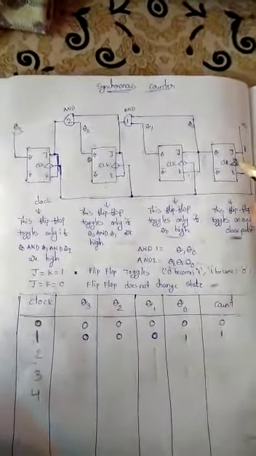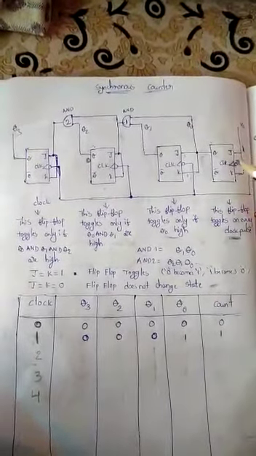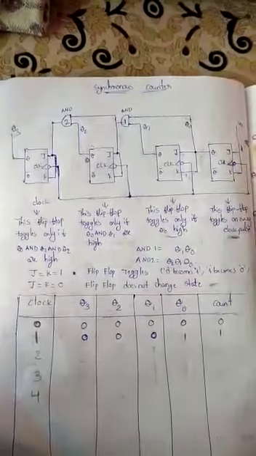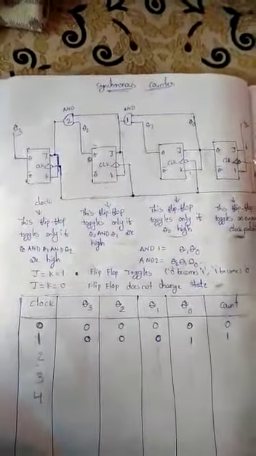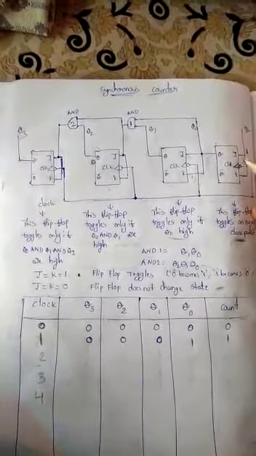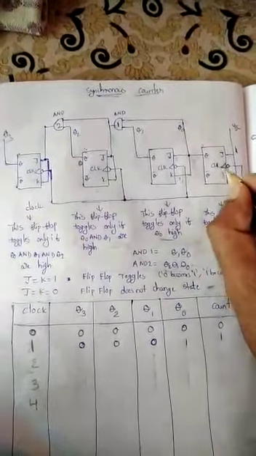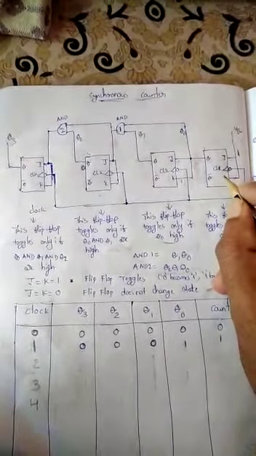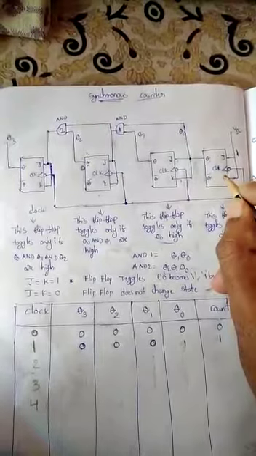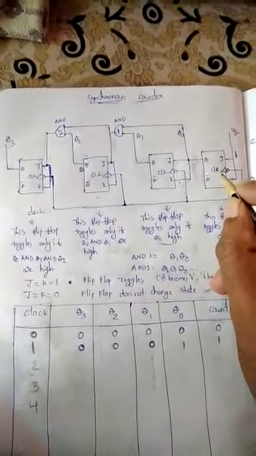In this, the first flip-flop's J and K are always connected to VCC. VCC means J is equal to 1 and K is equal to 1. So the first flip-flop toggles on every clock pulse.